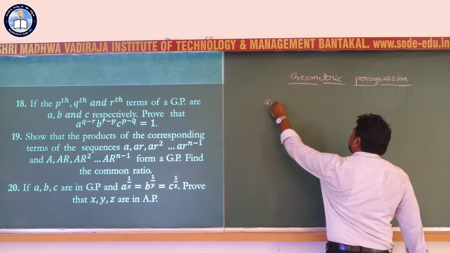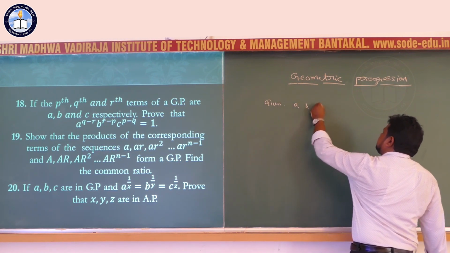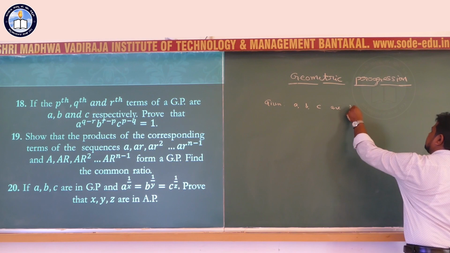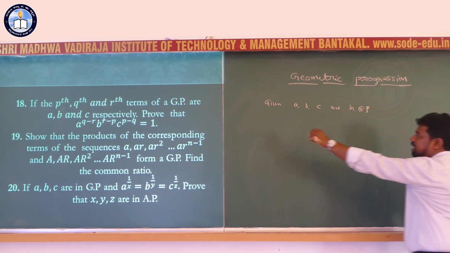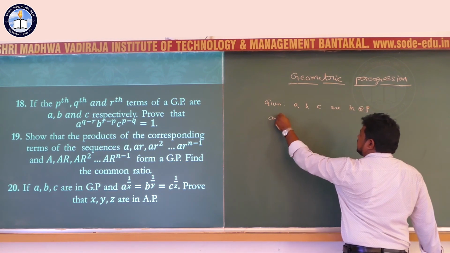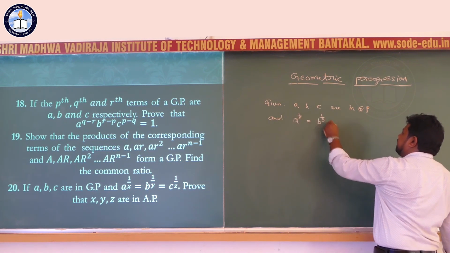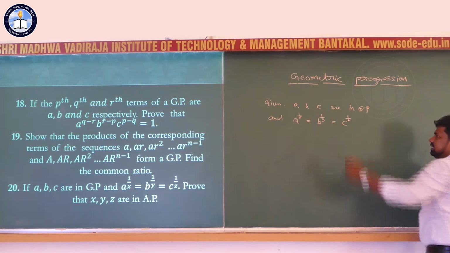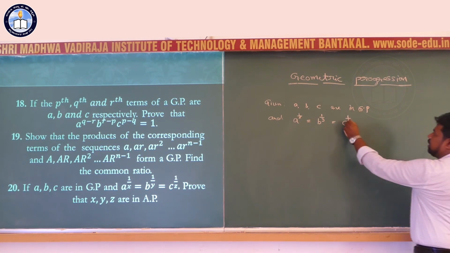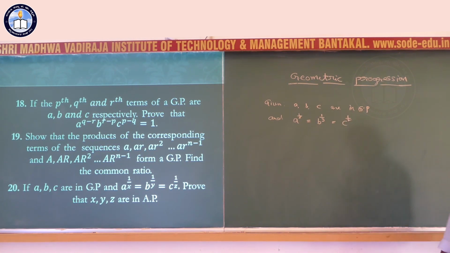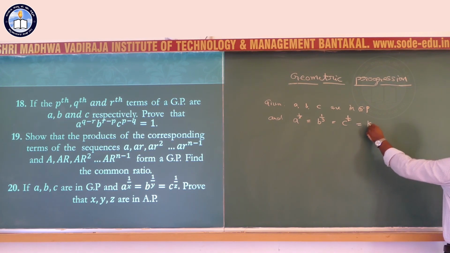Given A, B, C are in geometric progression and A power 1 by x equals B power 1 by y equals C power 1 by z, equal to some k.